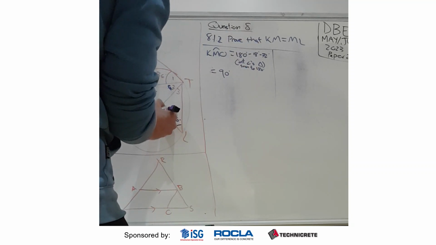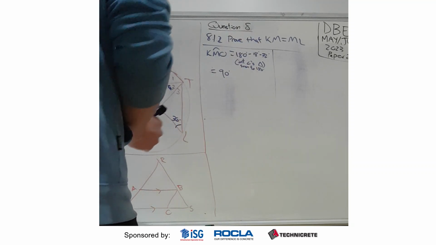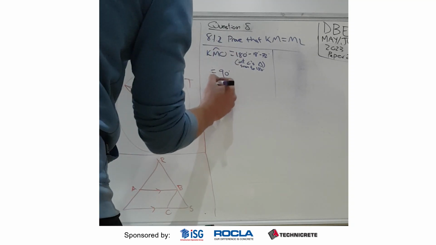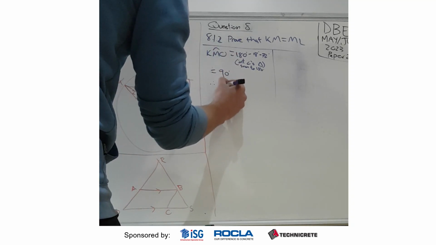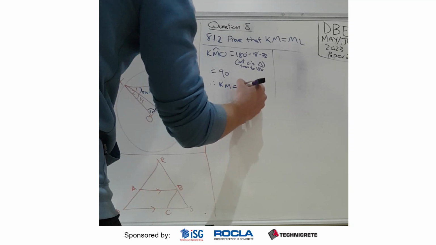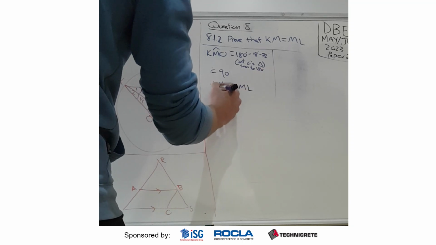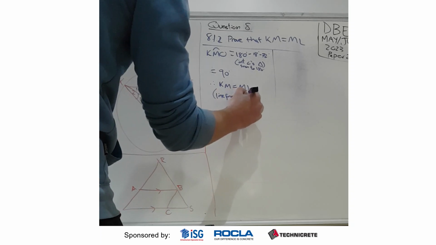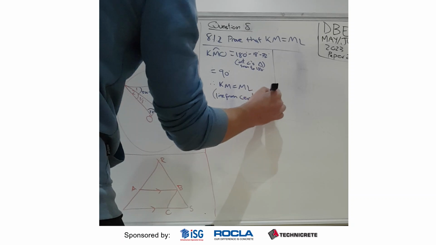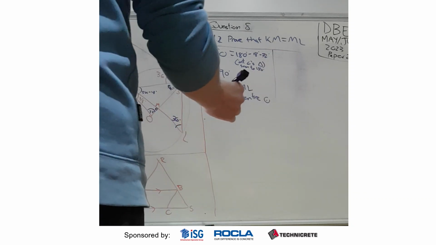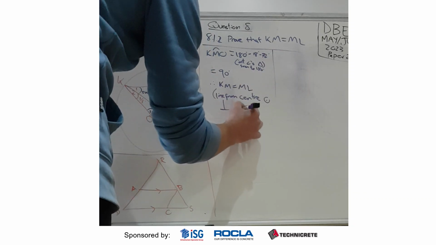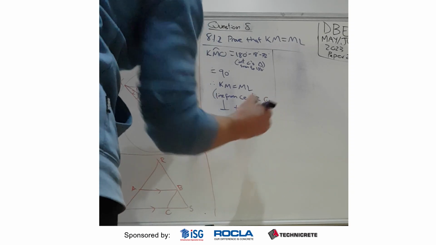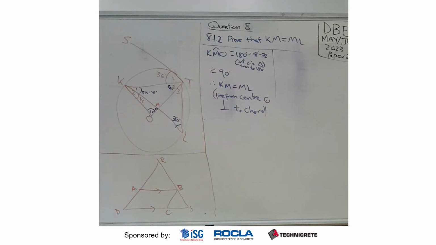So we know that this is a right angle. And then right away, if we know our rules well enough, we can just immediately say that those two lines are equal. Why? Line from centre circle perpendicular to chord. It's the inverse of the line from centre circle to midpoint of chord is perpendicular. Right, so that's the quicker way.